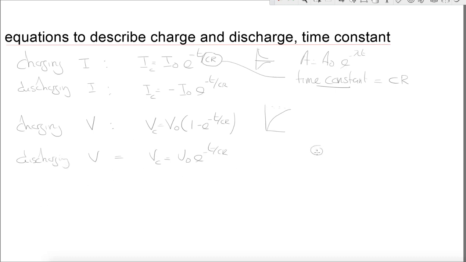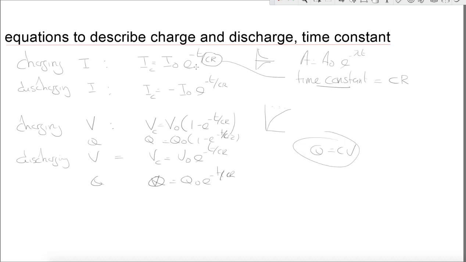And then, because Q equals CV, whatever V does, Q does. So you would have Q equals Q naught times 1 minus e to the minus t over CR, and you would have Q equals Q naught e to the minus t over CR for discharging, because Q equals CV.